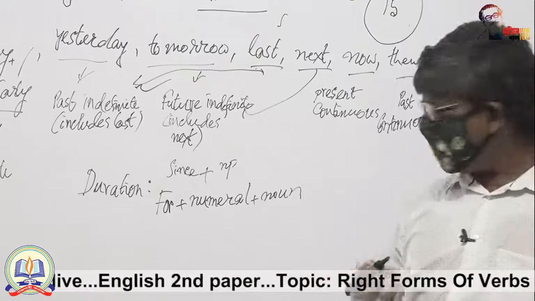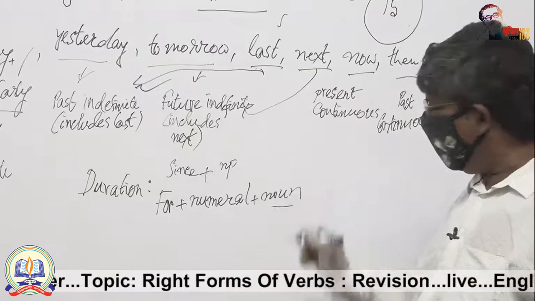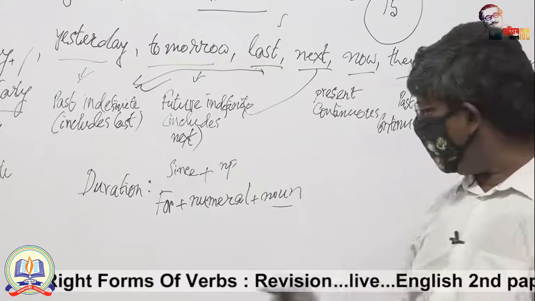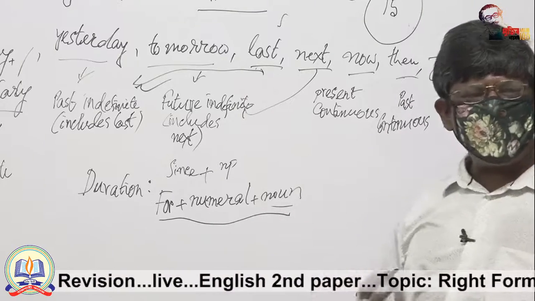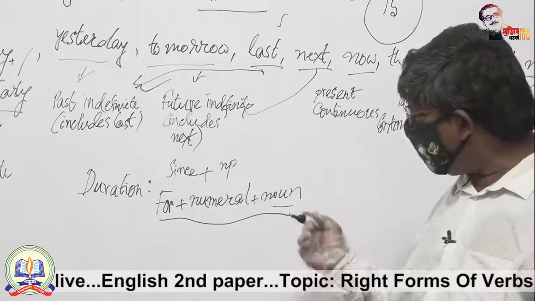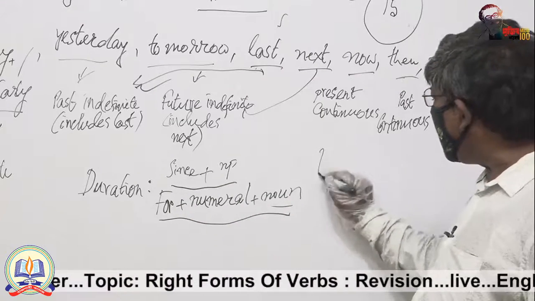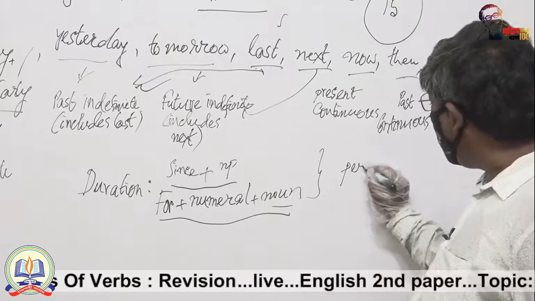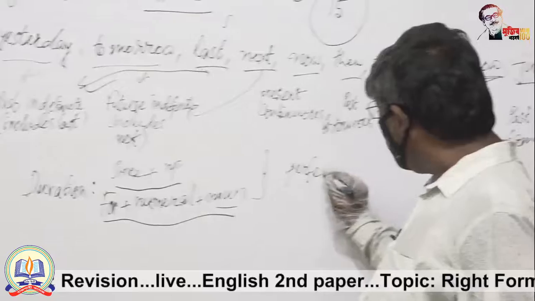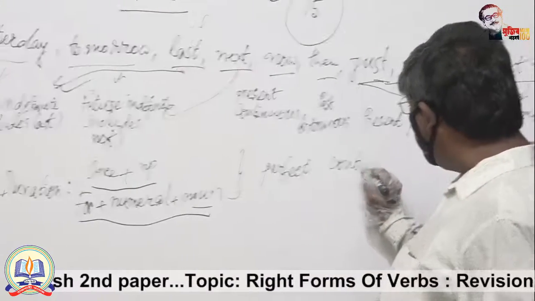For 5 years, 5 is the numeral and years is the noun. So you have such a structure of the adverbial of time, or such a structure since plus noun phrase, that should be written in the perfect continuous form.